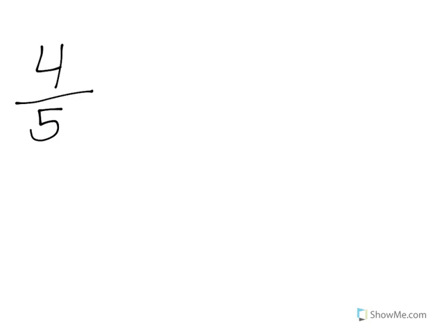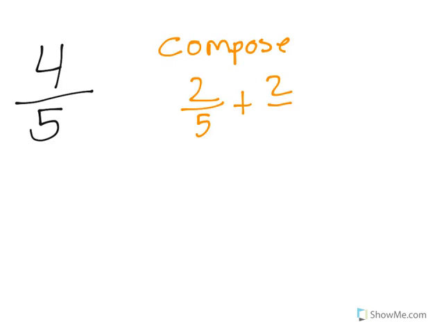So what about 4/5? How could I compose 4/5? Think about this in your head. Correct answer would be 2/5 plus 2/5 equals 4/5. Now, there are other ways to compose this.